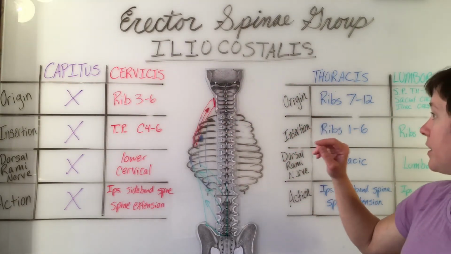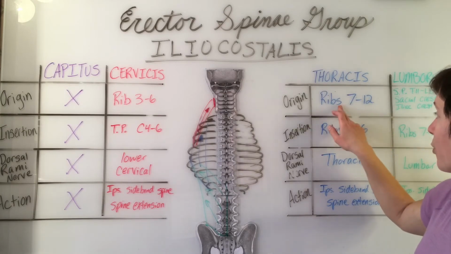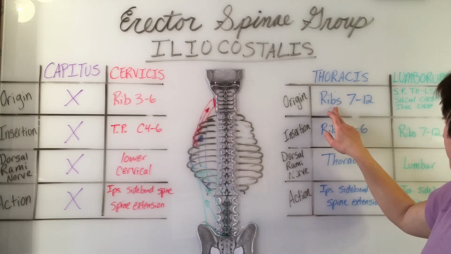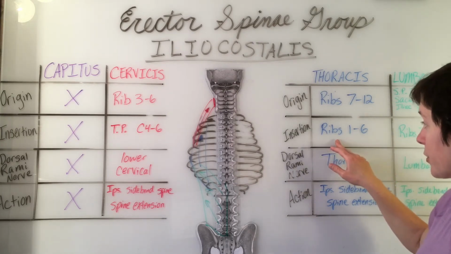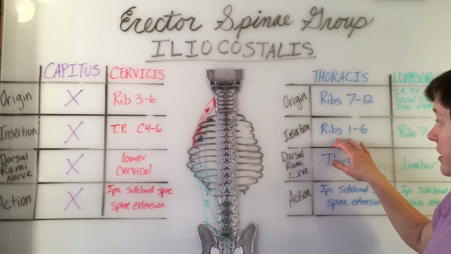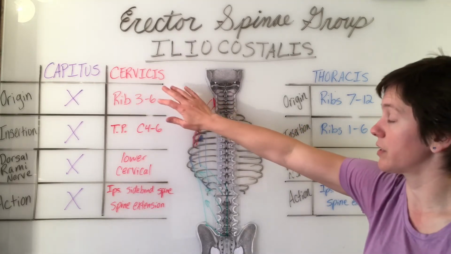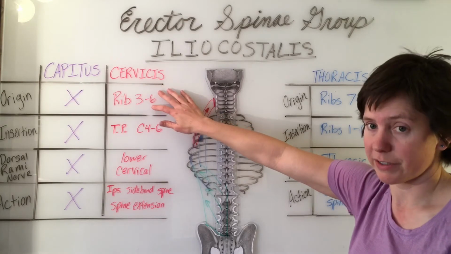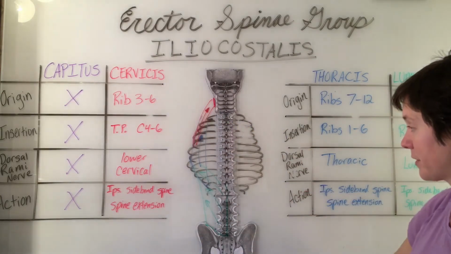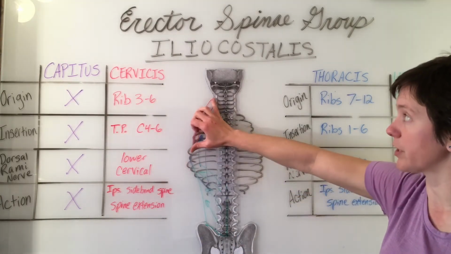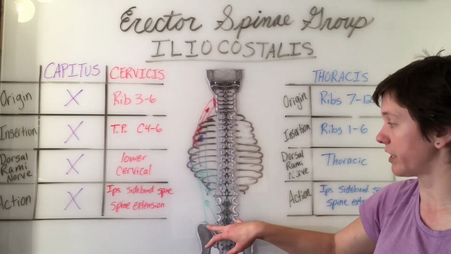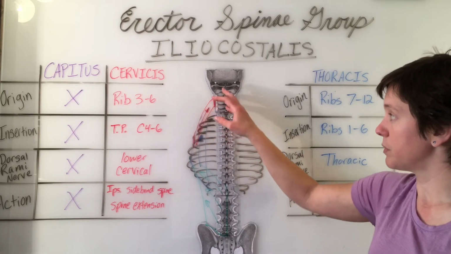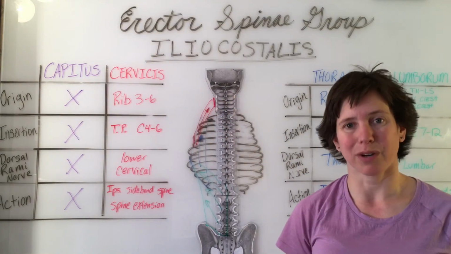The origin of the thoracis is the insertion of the Iliocostalis lumborum, and the insertion of Iliocostalis thoracis is essentially the same as the origin of the Iliocostalis cervicis. So it travels the most laterally out of the erector spinae group and goes from your iliac crest across the ribs and up to the cervical transverse processes.